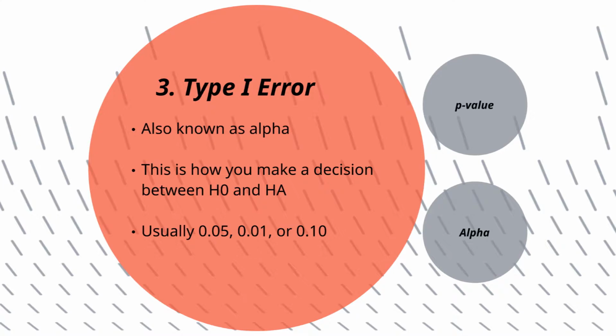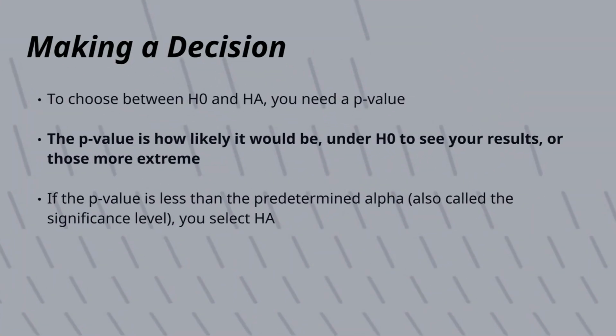The type 1 error is related to our p-value, or how we make a decision between our null and alternative hypothesis. So remember, our p-value is how we make a decision. It's how we choose between the null and alternative. Our p-value is how likely it would be, given that the null hypothesis is true, to see the results we saw or those more extreme. So the p-value, what we're looking for, is small.